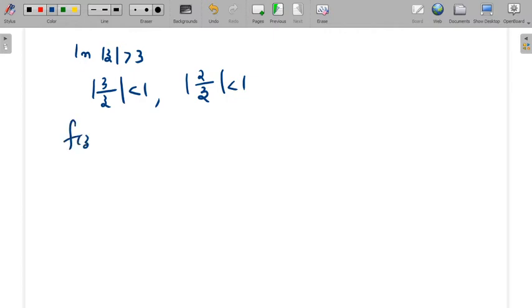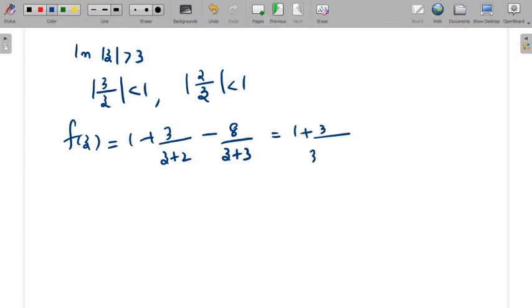So we take f of z, which is equal to 1 plus 3 by z plus 2 minus 8 by z plus 3, and to arrange the terms into 3 by z and 2 by z, in both terms we take z as common and we write this as 1 plus 3 by z into 1 plus 2 by z minus 8 by z into 1 plus 3 by z.